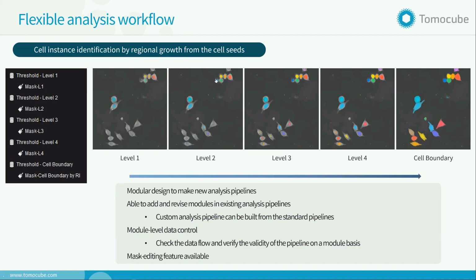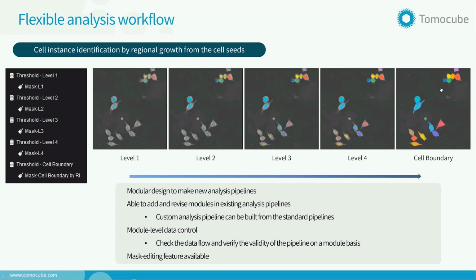the identification of the individual cells using the initial level 1 thresholding values. And then by adjusting the RI thresholding values, using different levels of thresholding, you can achieve both the cell instance identification as well as the semantic membrane segmentations of individual cells.